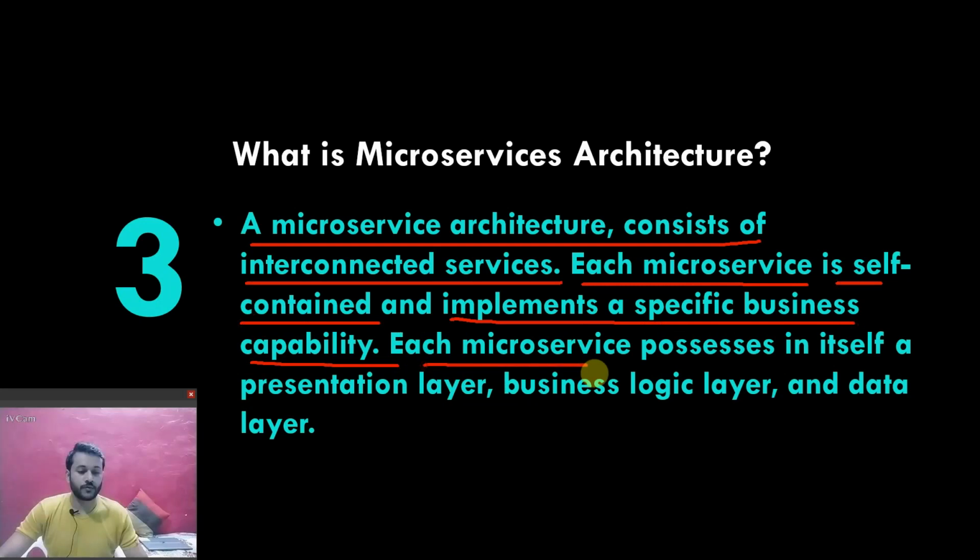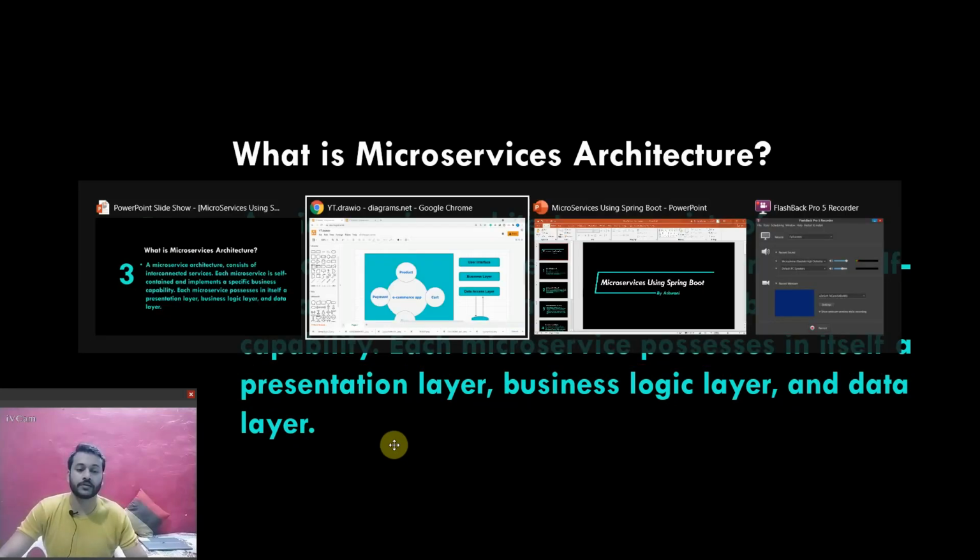Each microservice possesses its own presentation layer, business logic layer, and data layer. If you don't get anything from reading it, no worry, we will see the architecture in detail.